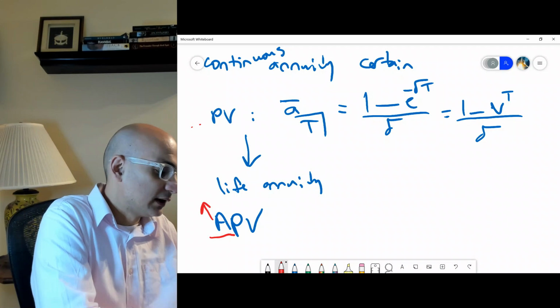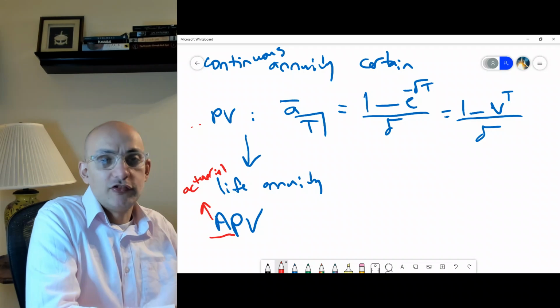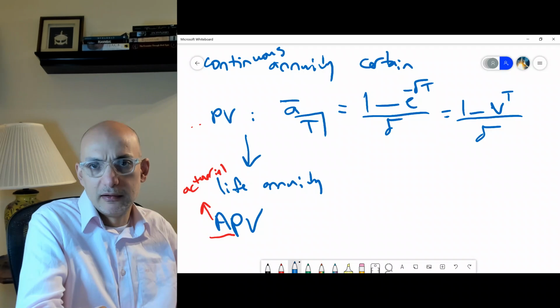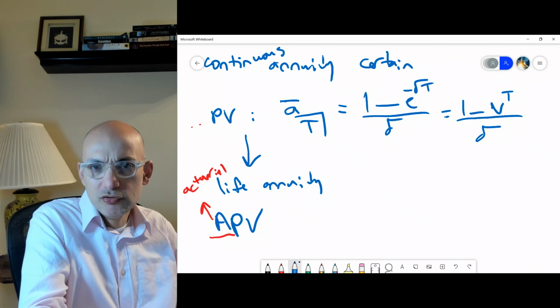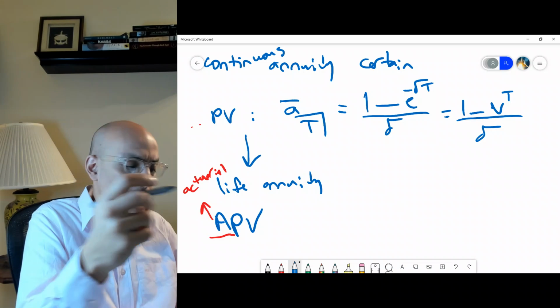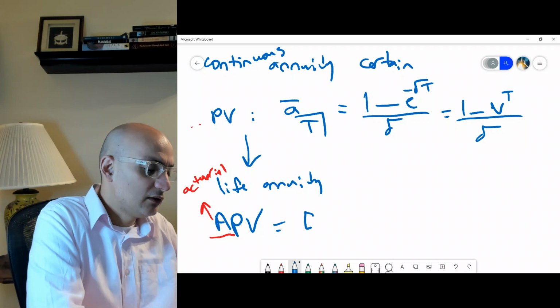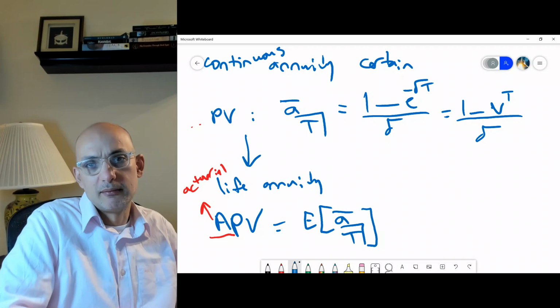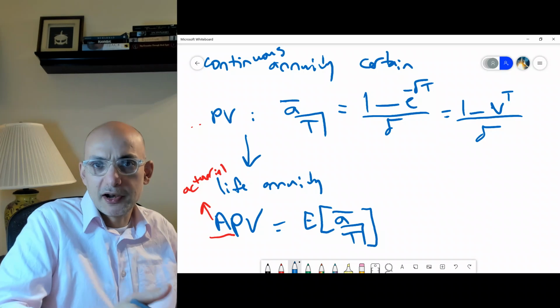This is the actuarial present value, because now we need to include the contingency or the probability. Then we take the expected value of a-bar T, and what is T? It is the remaining lifetime, which is a random variable.